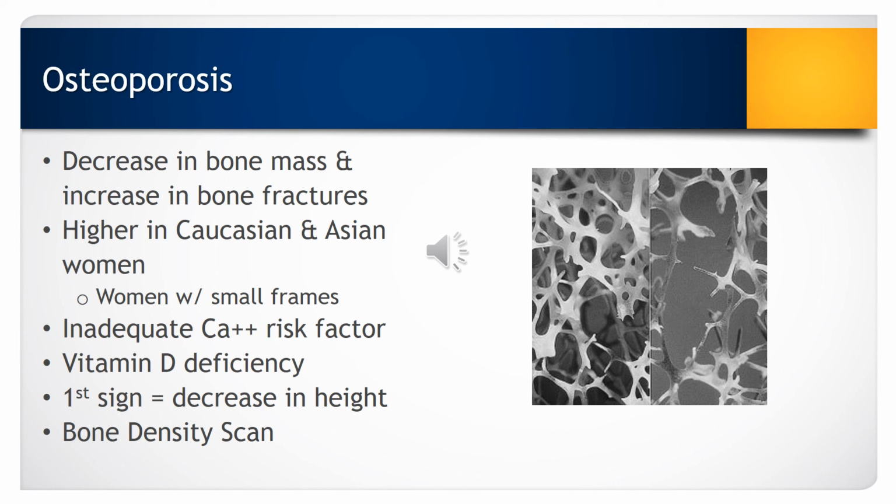Things that help with prevention or treatment of osteoporosis are adequate calcium and vitamin D intake, doing weight bearing exercises, and avoiding excessive alcohol and smoking. The use of medication, bisphosphonates, can also help with osteoporosis.